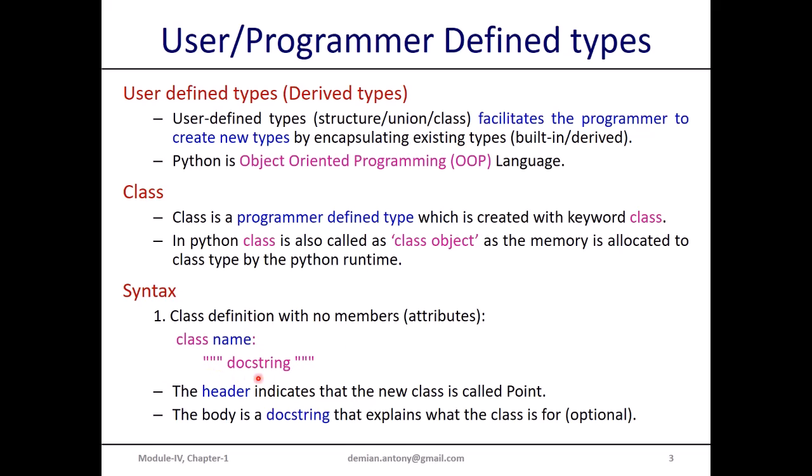What is this docstring? A docstring explains the purpose of a class as well as the number of attributes that a programmer wants to include in a class. And this is the header, the class header. The class header indicates the name of the new class or class object. And remember, this docstring is optional. This is not mandatory.